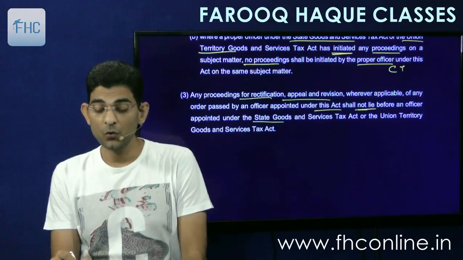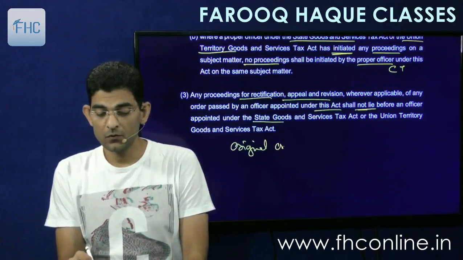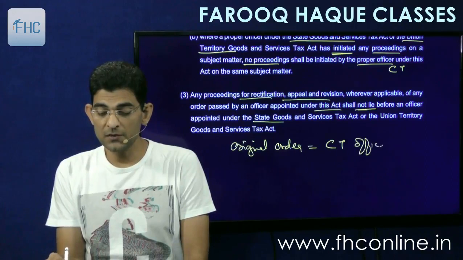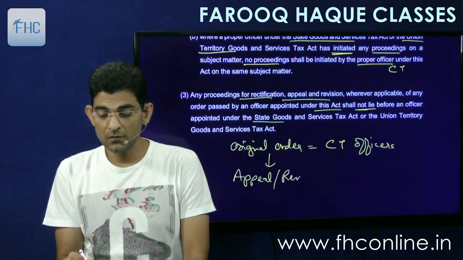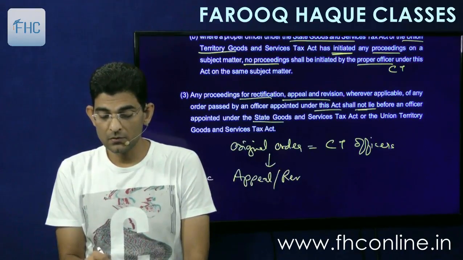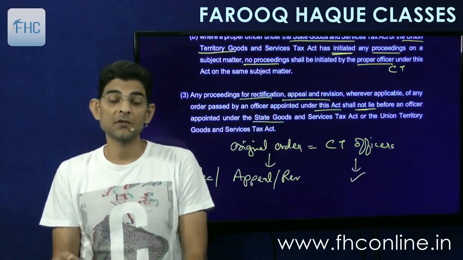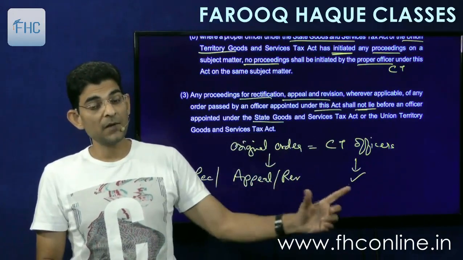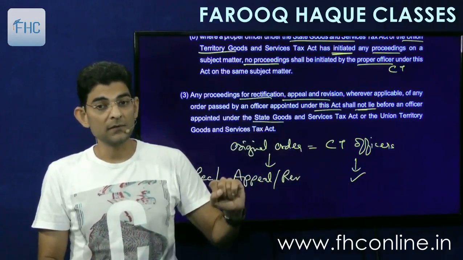It means if the original order is passed by CT officers, then the appeal, revision or rectification will also be done by CT officers only and not by the state officer. So if the original order is of CT, then appeal, revision or rectification will be done by CT officers only and not under the state or UT.